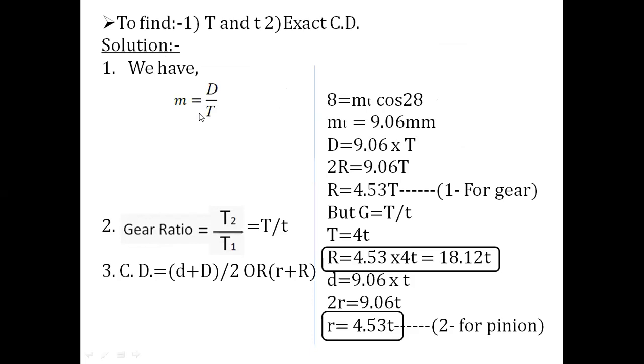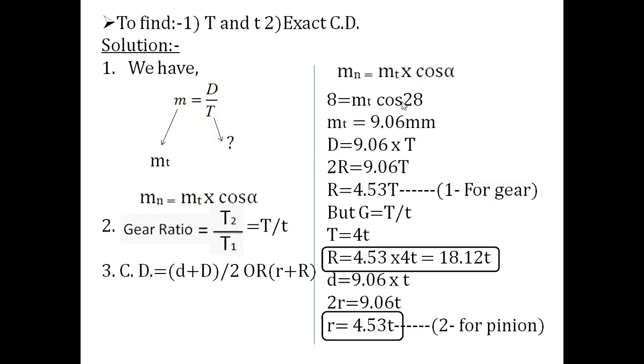Mn is equal to mt cos alpha. I am writing that formula again here. So mn is given as 8 mm, mt we have to find, into cos of alpha, which is given as 28 degree. After solving this simple equation, we get the value of mt as 8 divided by cos 28, which is 9.06 mm. So the transverse module mt is equal to 9.06 mm.